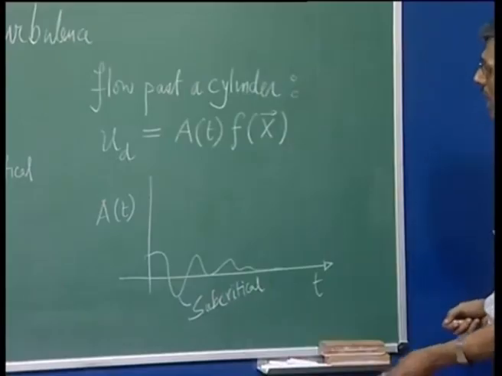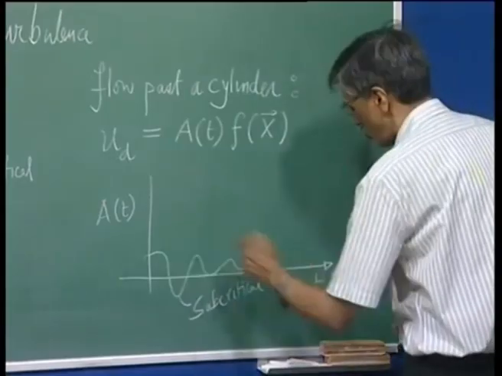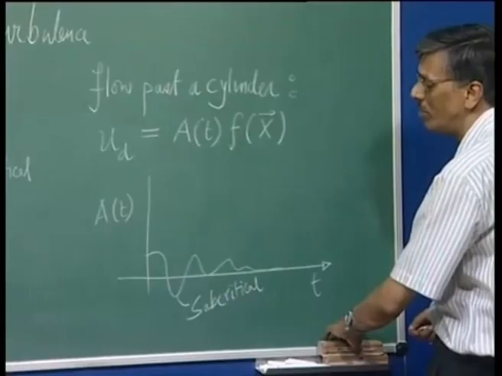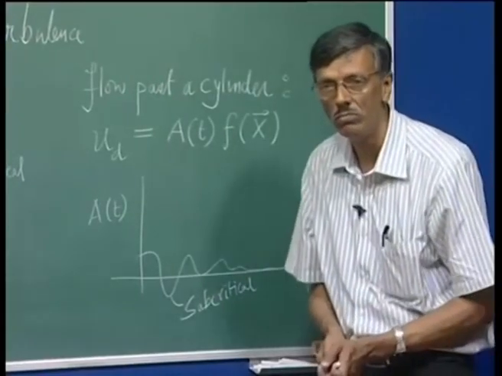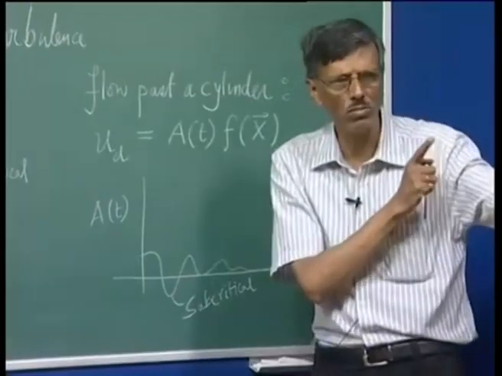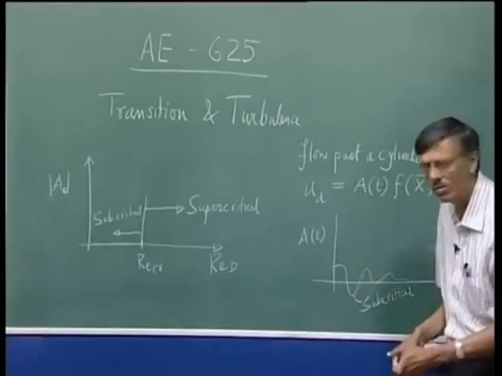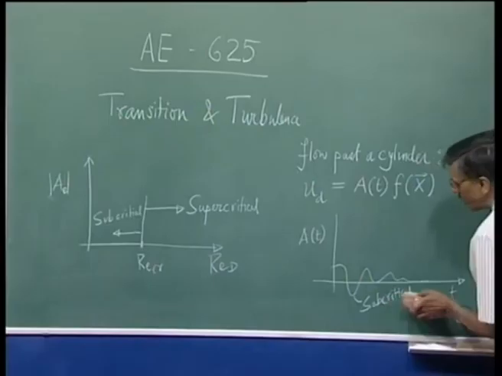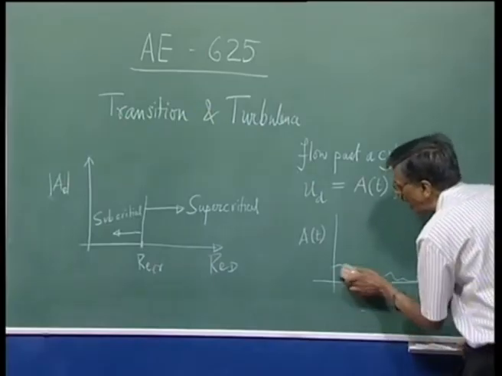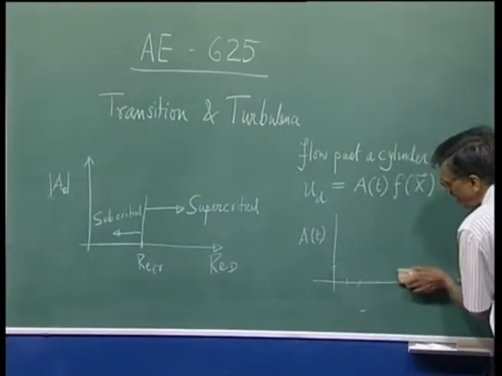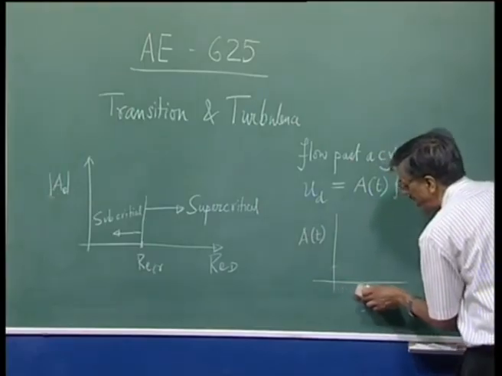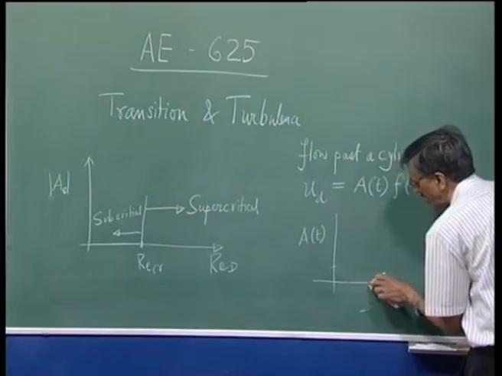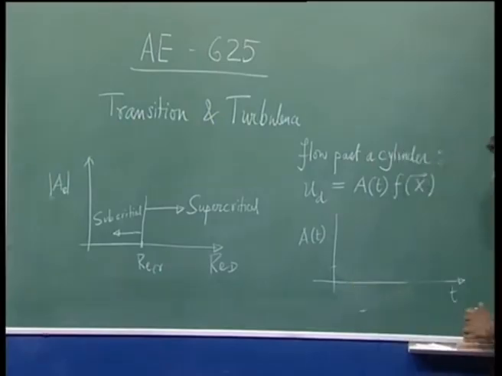There, suppose I start off with virtually no disturbance at all, but there are background disturbances in the experimental facility. Then what will happen for a supercritical scenario, I would have something like this. I will show you detailed results of this, theoretical, computational as well as experimental.